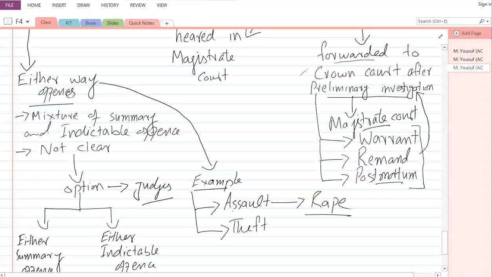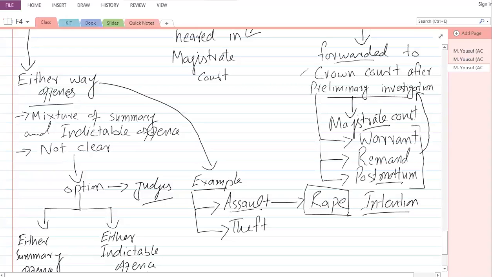So initially, it is an assault crime. It started as an either way summary offense, but after that, there is a chance that the assault had an intention of rape as well. The rape intention is not clear at assault time.